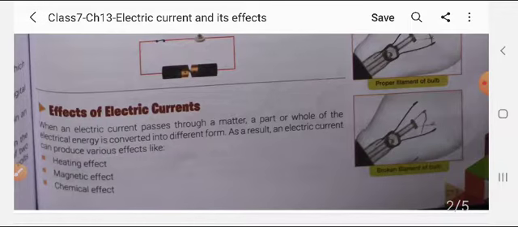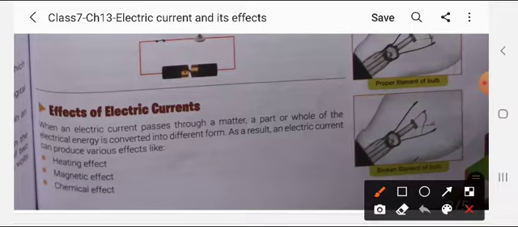So there are three different effects of electric current, as you can see here. When an electric current passes through a matter, it gives three types of effects: heating effect, magnetic effect, and chemical effect.